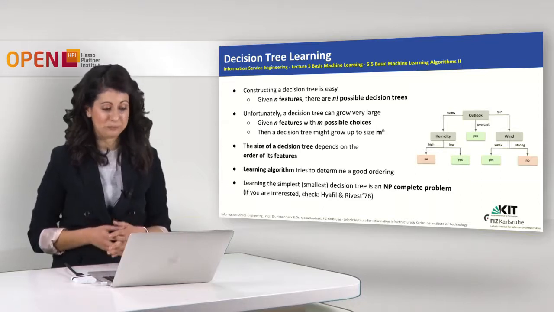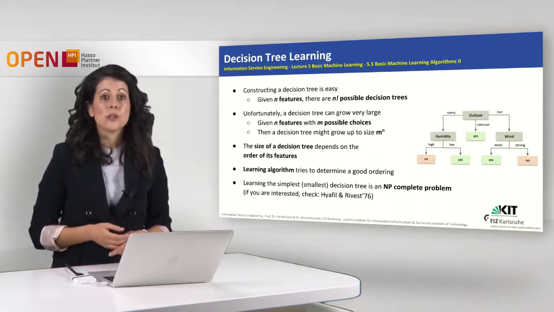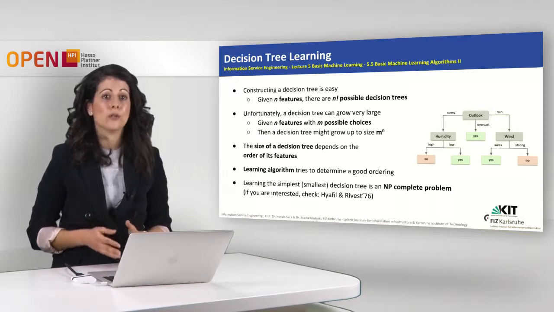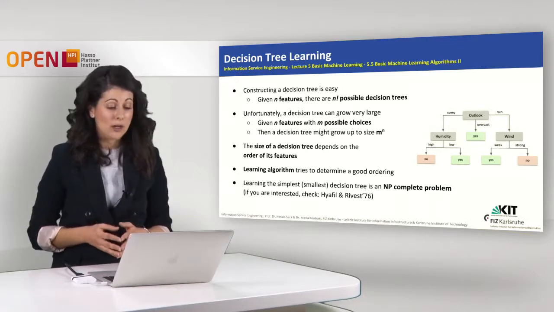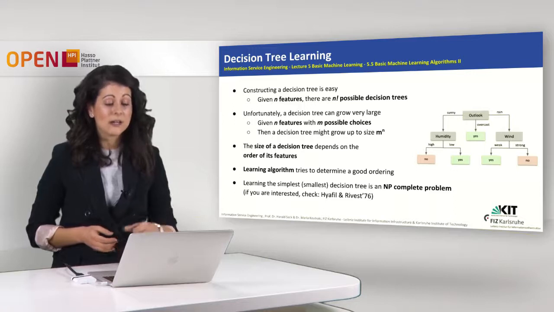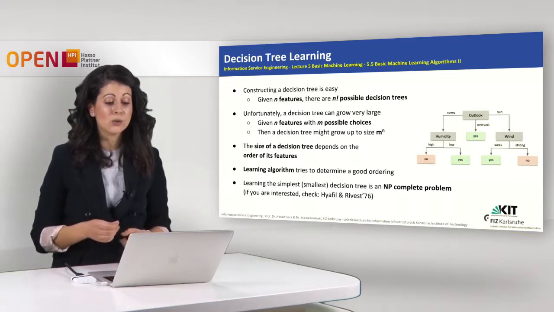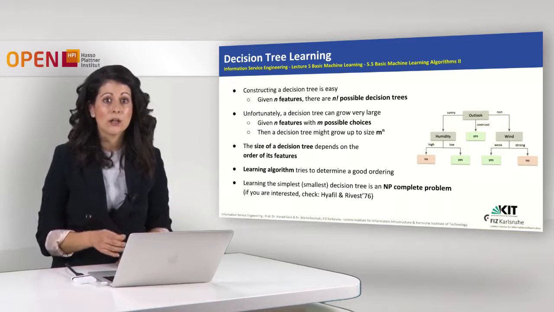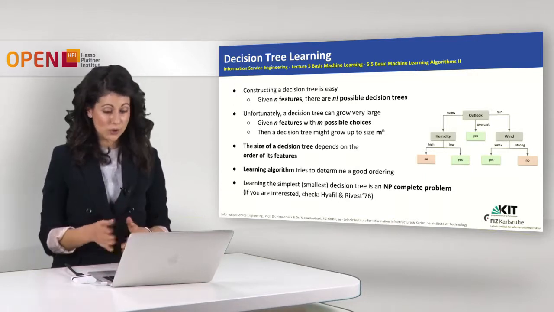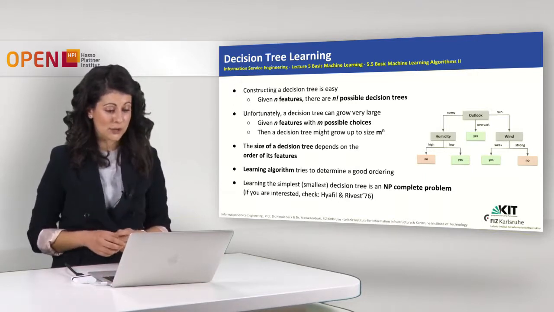That can be pretty huge. The decision trees also depend on the order of the features, and the learning algorithm tries to determine a good ordering, which we are going to see later in this part of the lecture.